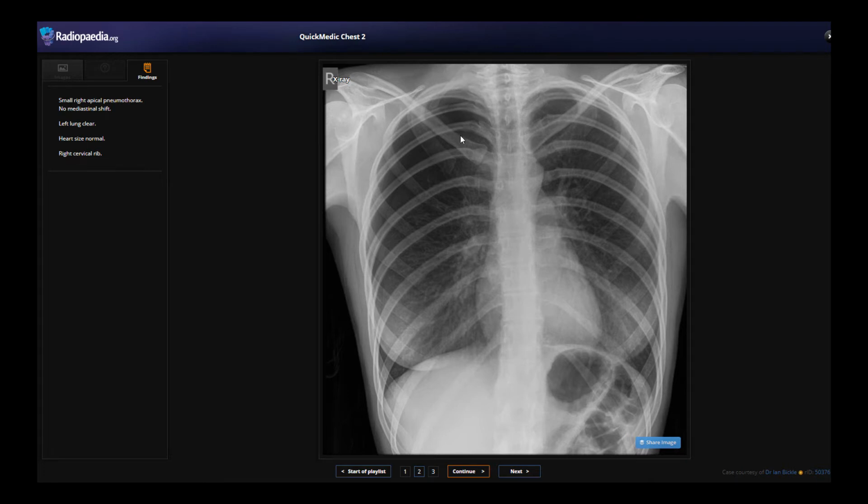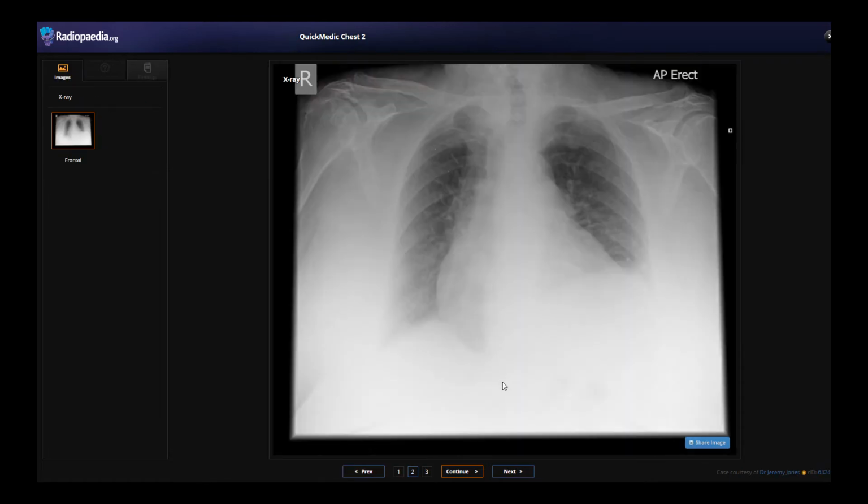The presence of the right cervical rib is known to cause thoracic outlet syndrome, and you need to read more about that. If you don't know about it, we're not going to go into it here, but that's really about it. So there is a right-sided pneumothorax that needs a chest drain.